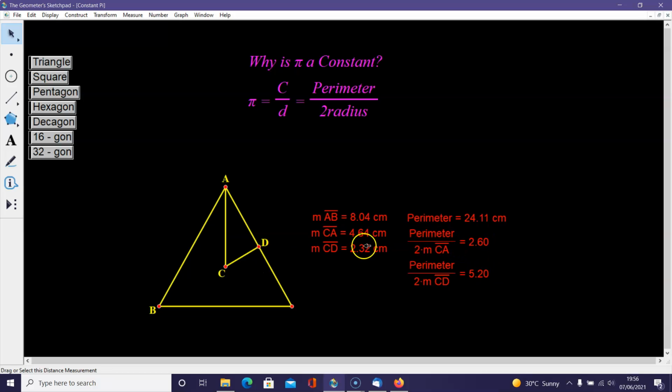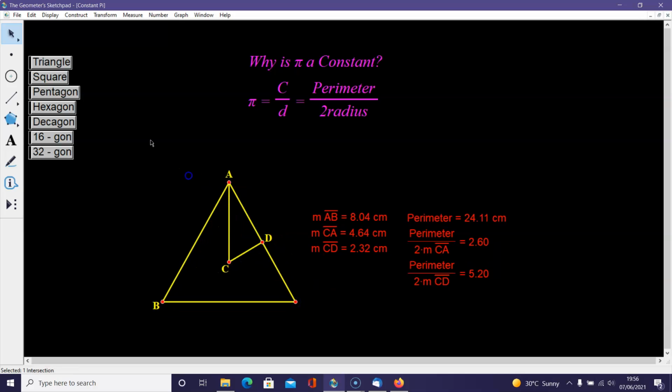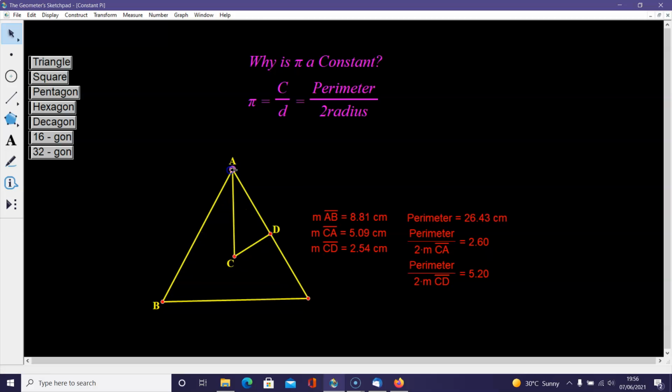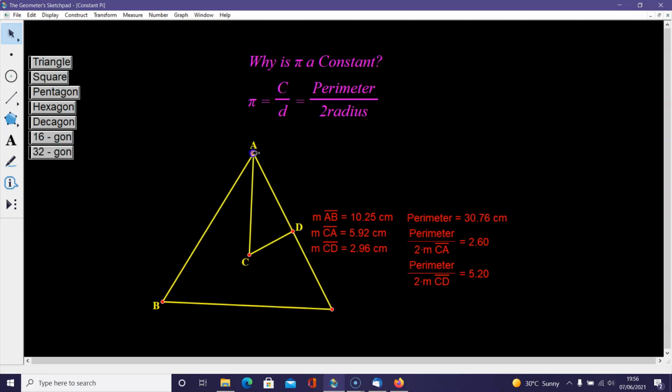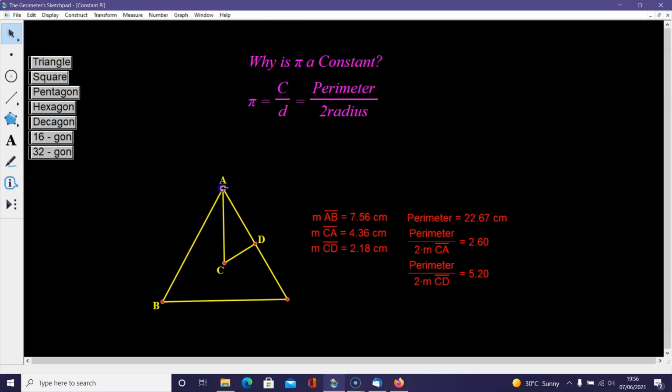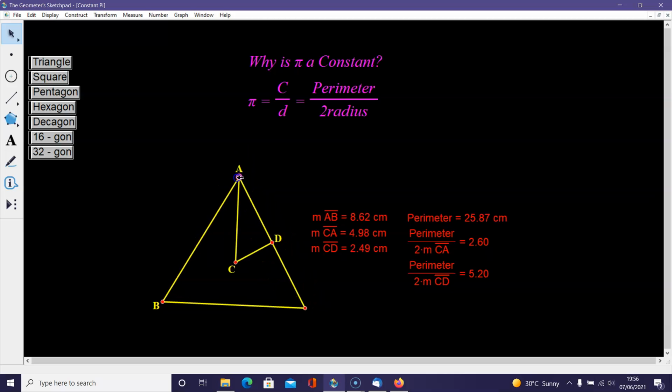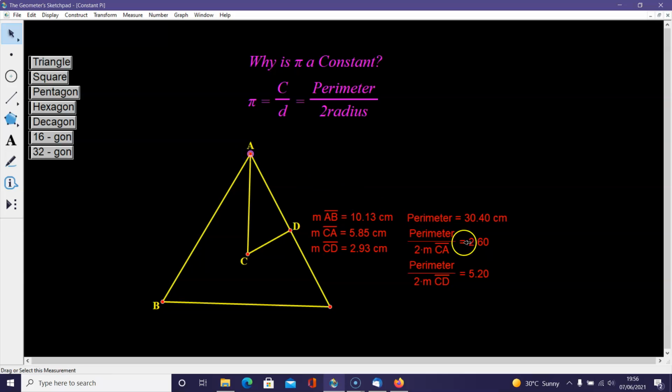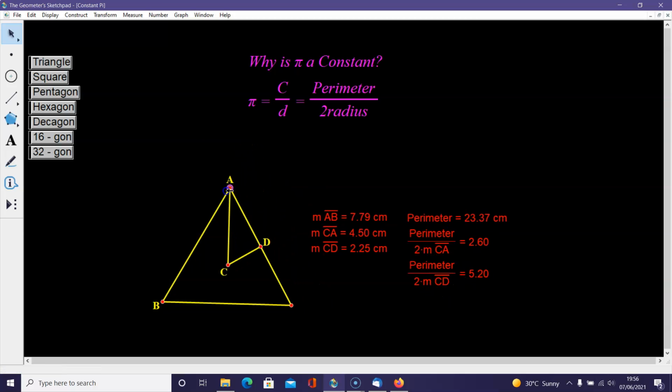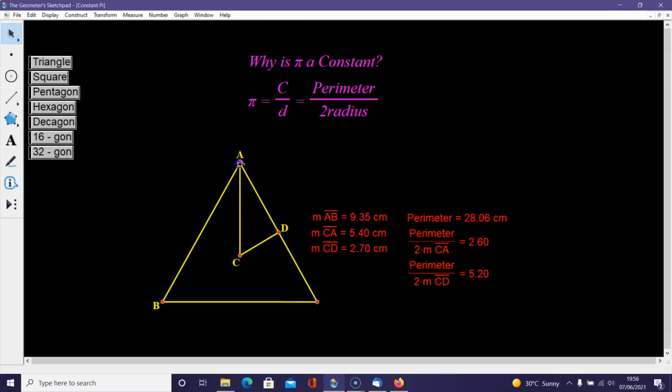So let's notice that when I do that, I get these two numbers, and now I'm going to play with this triangle just a bit, and notice as I drag this triangle around, giving it different lengths, this idea of perimeter divided by twice one of these measurements, these two numbers are staying absolutely the same. Doesn't matter.